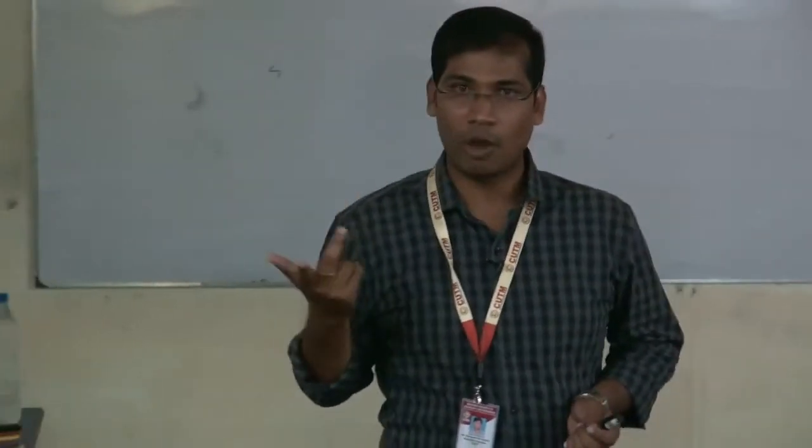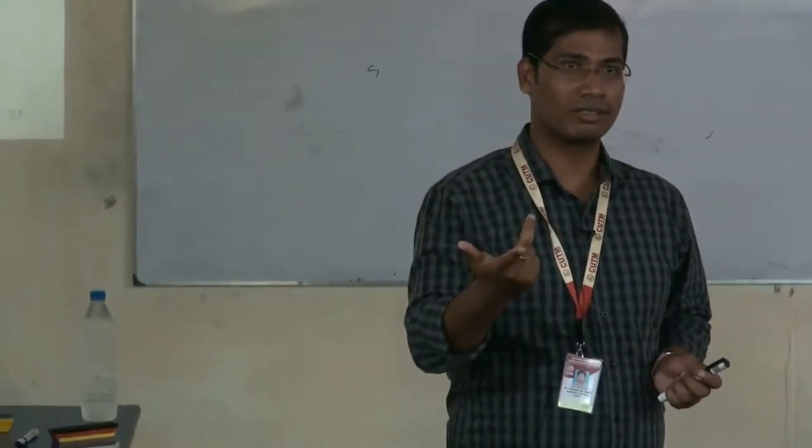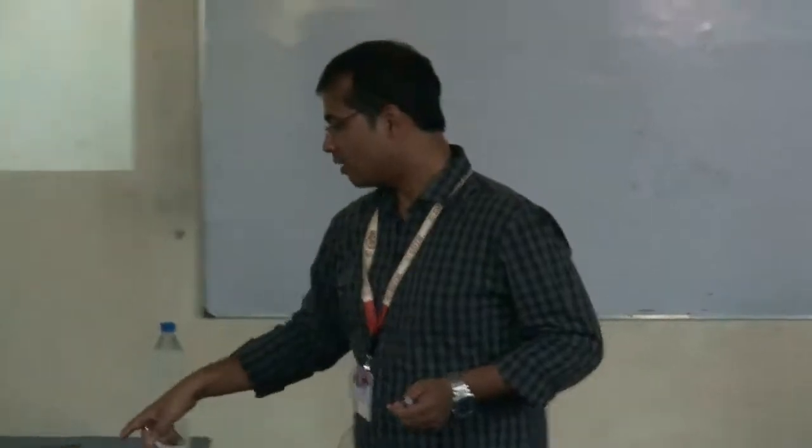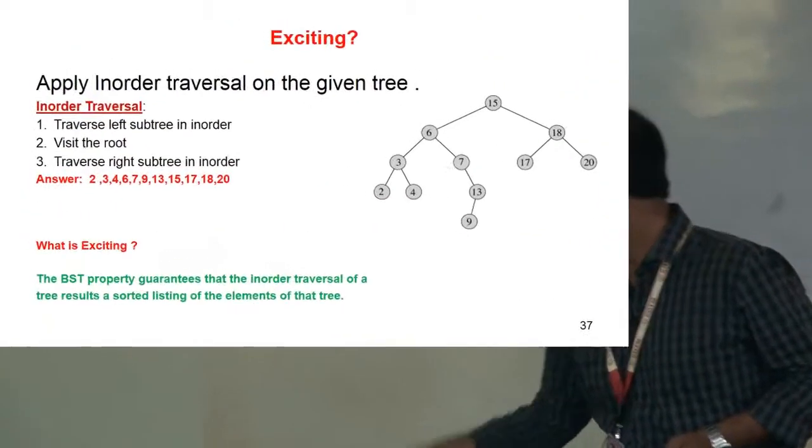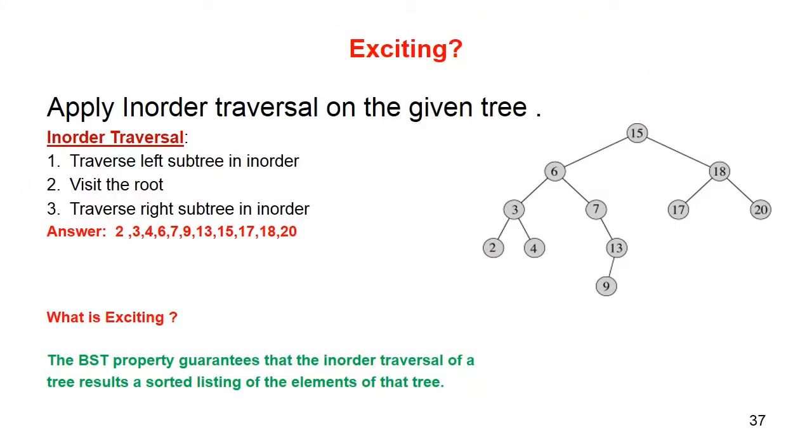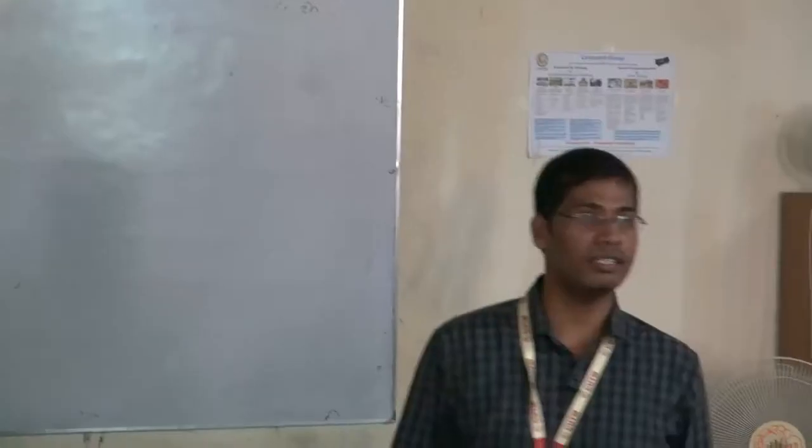How many of you feel this is exciting? Yes? So now it is easy to remember? That's what is written: BST given, apply inorder, it will give you a sorted list. Already the list is sorted. Agree?